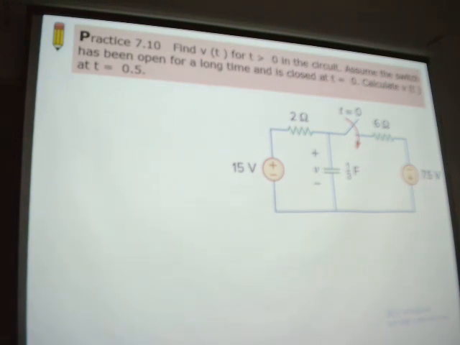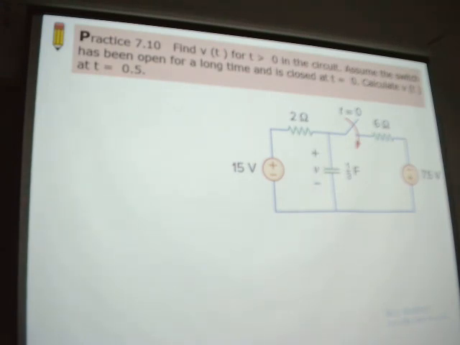Sub 1 should be the figure before we close the switch. And we need to draw subfigure 2, the subfigure after the switch closes. We draw it like this, t minus 0 and t plus 0.